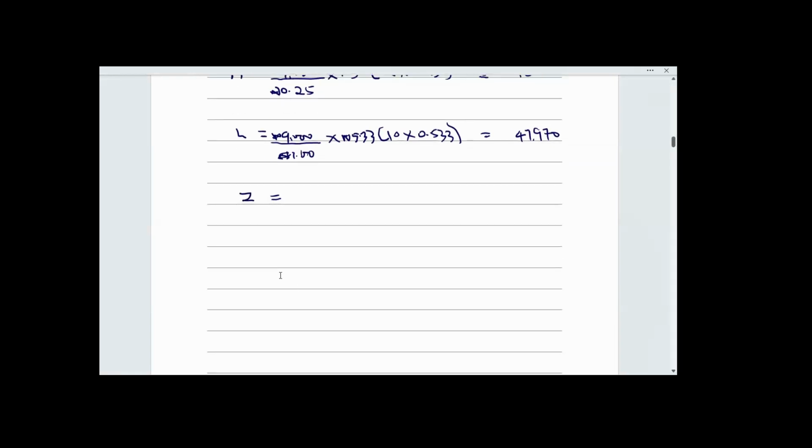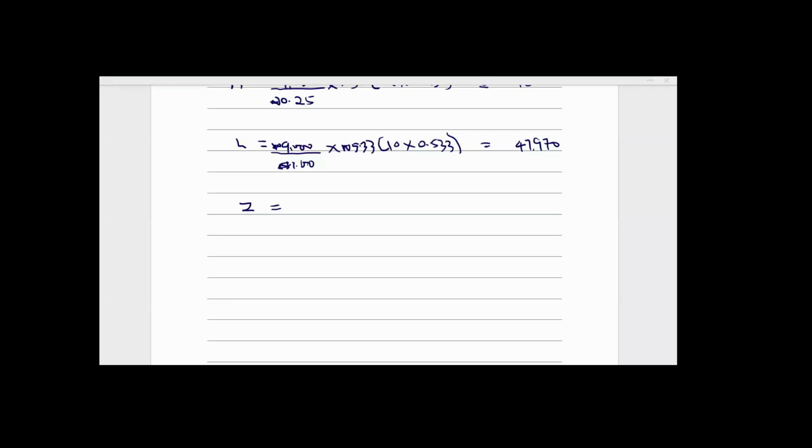Then we do Zambezi. The share capital of Zambezi is 3,500, and the par value is 25 kobo. 3,500 divided by 0.25.